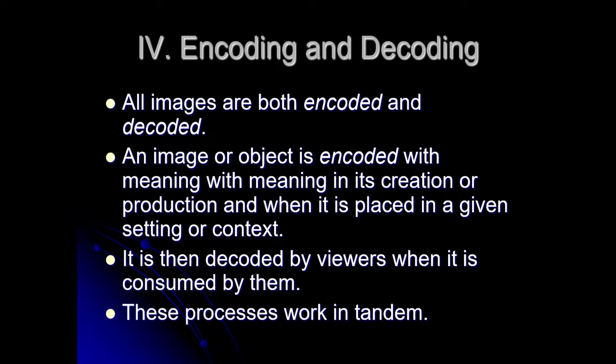And when it is shown to the people and what the people think about that, it is known as the decoding process. So we have two different processes here, encoding and decoding. These processes work in tandem, like opposite of each other, together. So it depends.